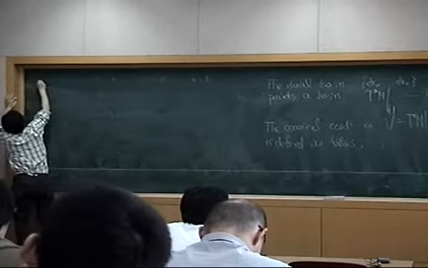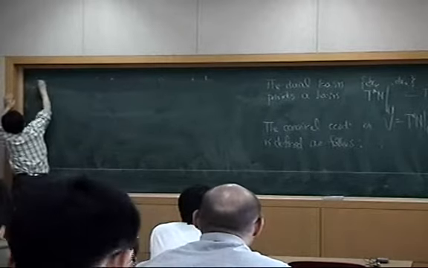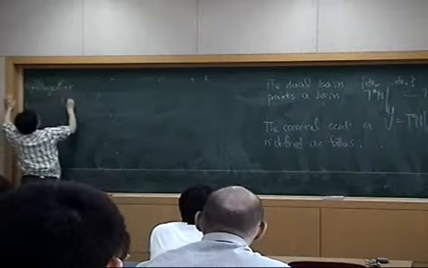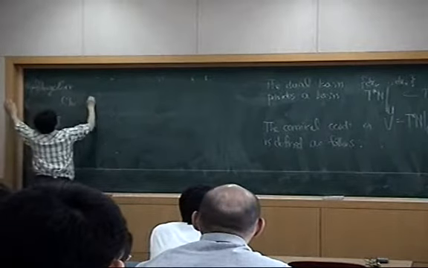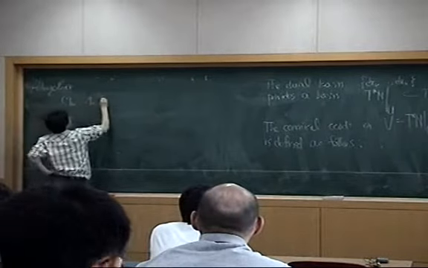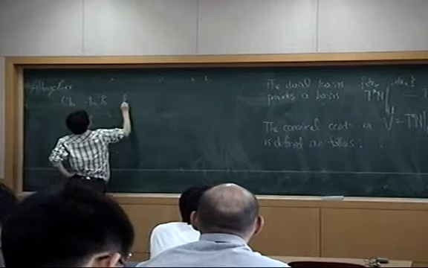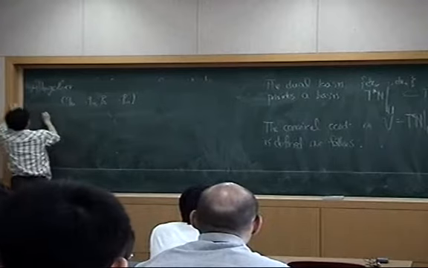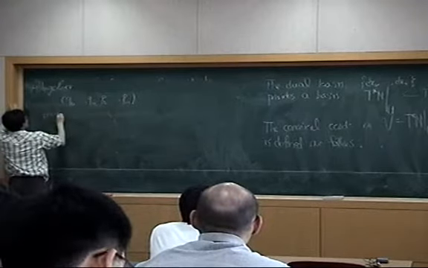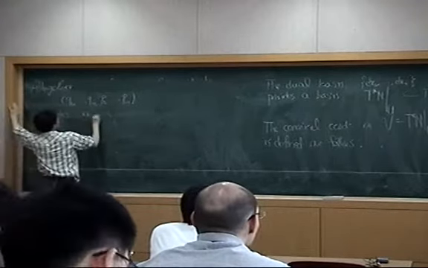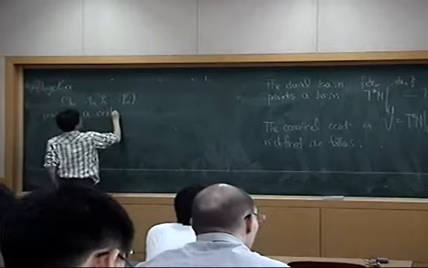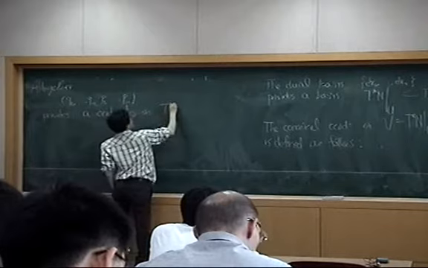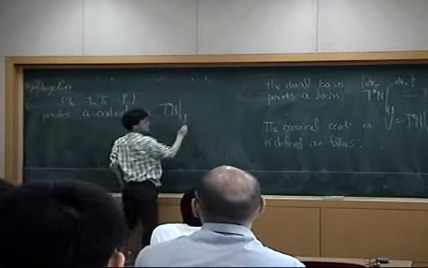by combining q1, ..., qn, p1, ..., pn, it provides a coordinate on T*N|U.